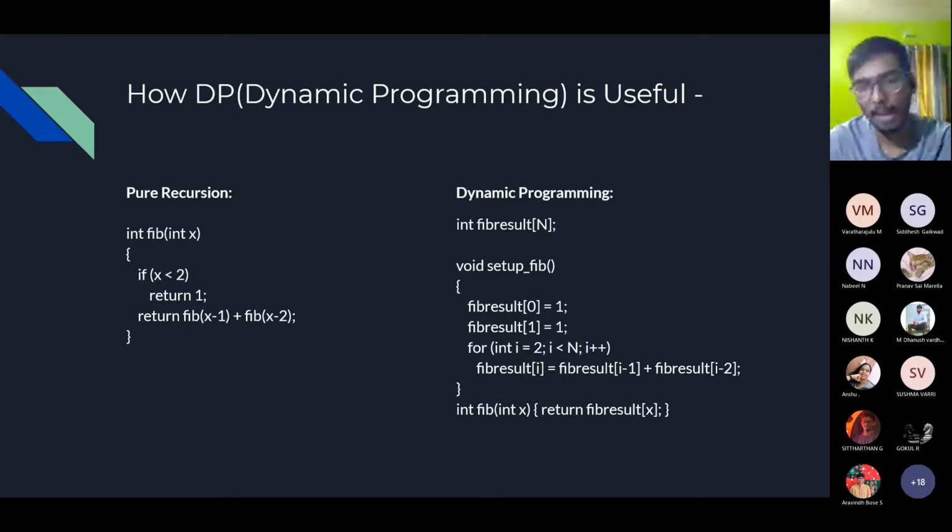You need not start the process after giving the input. If you want fib result 2, just ask for fib result 2, and the result comes instantly.